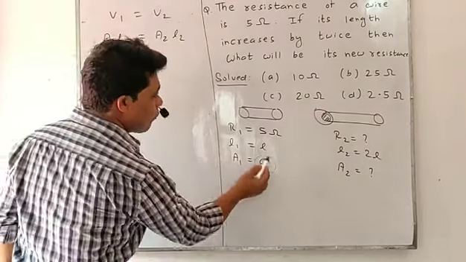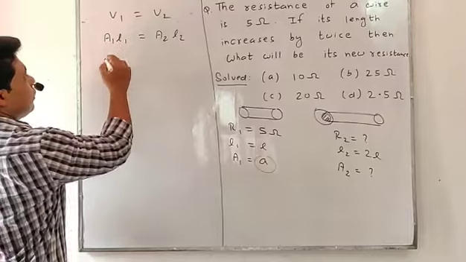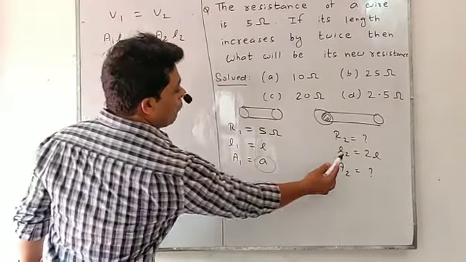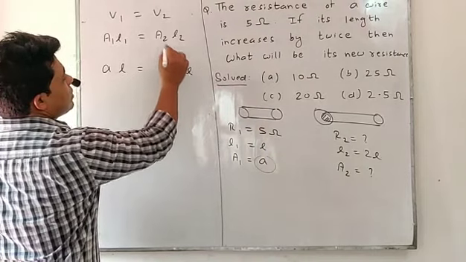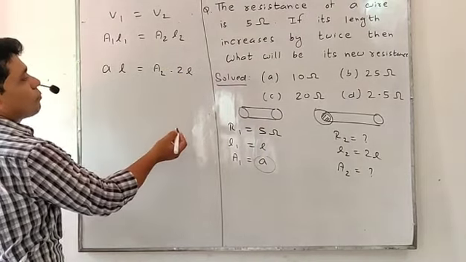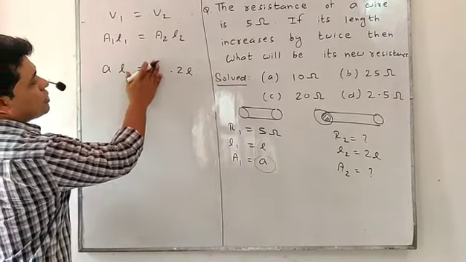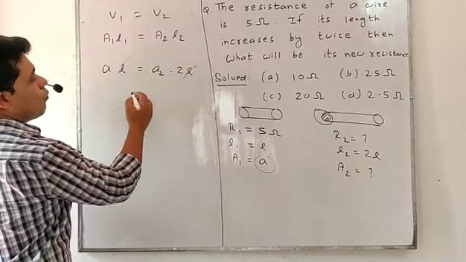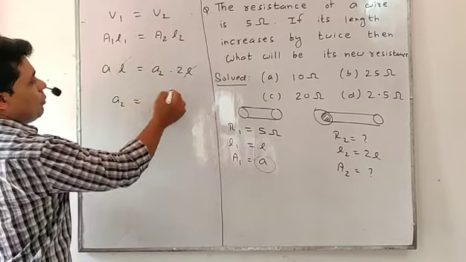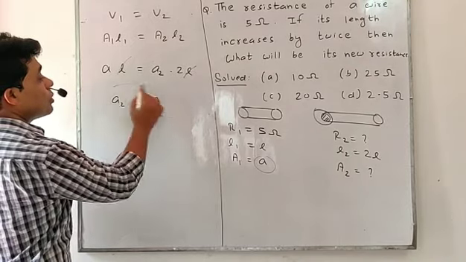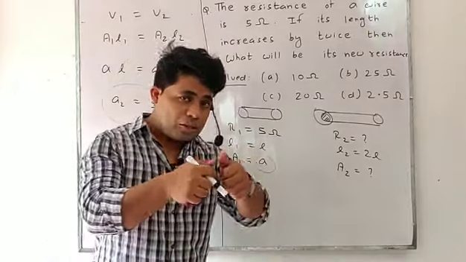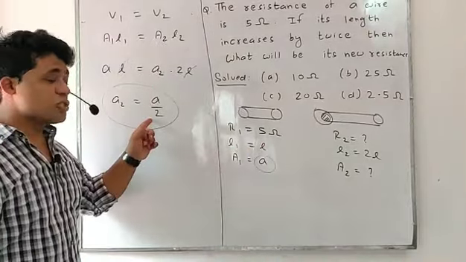A1 is the initial area, which we assume as A. The initial length is L, the final length becomes 2L, and the area of cross section we have to find. Suppose it is A2. So L cancels out, and A2 will be A by 2. See the important point: on making the length twice, the area of cross section becomes half.